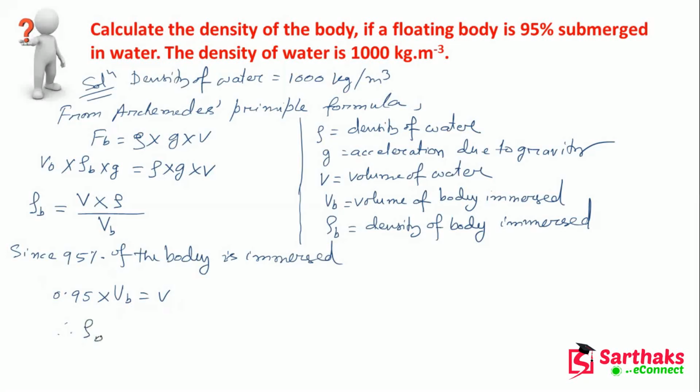So rho B that equals to 950 kg per meter cube. Okay. So here we can write down the answer, that is the density of the body is 950 kg per meter cube. Okay. Done this one.